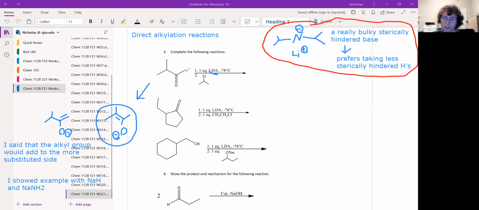Like in this structure, it's going to prefer taking this one on the right because that's less hindered than the left side. Which means even though what I said before was how the reaction would go, it's actually going to react through this intermediate because that's where the LDA will go.